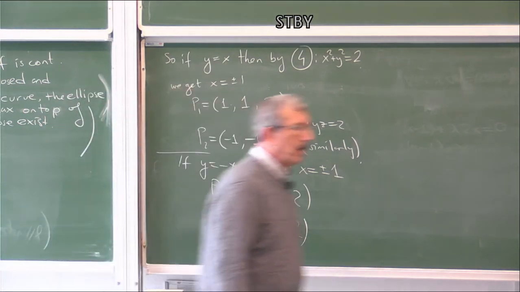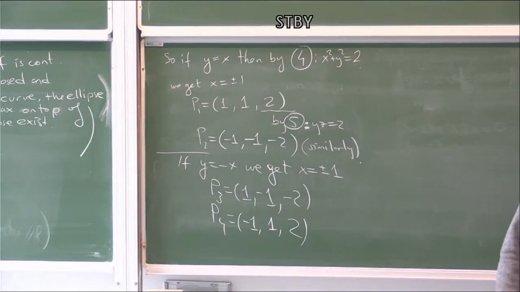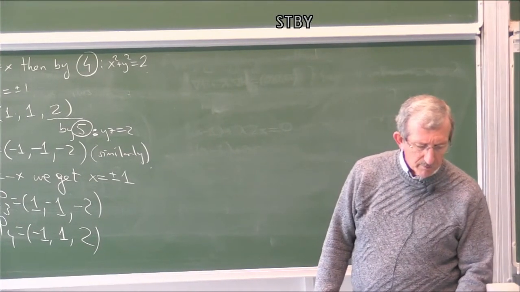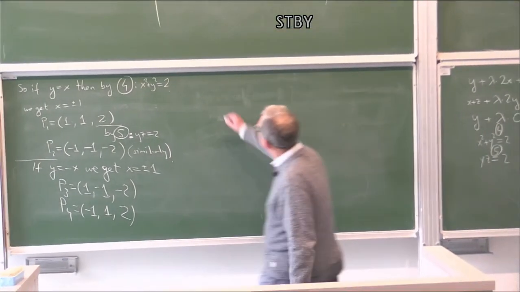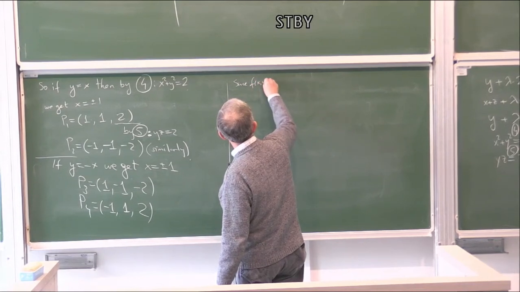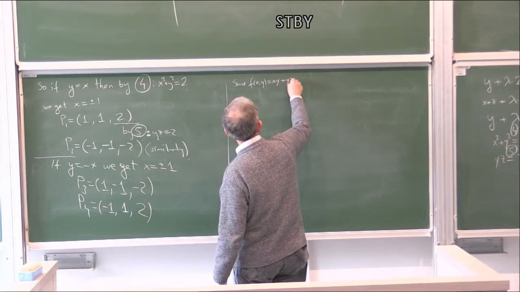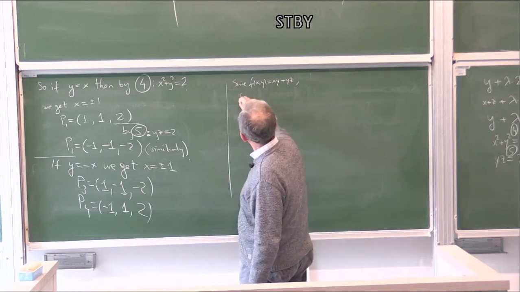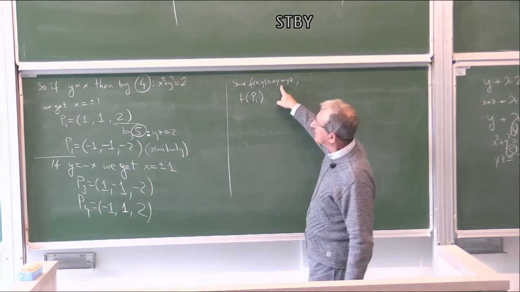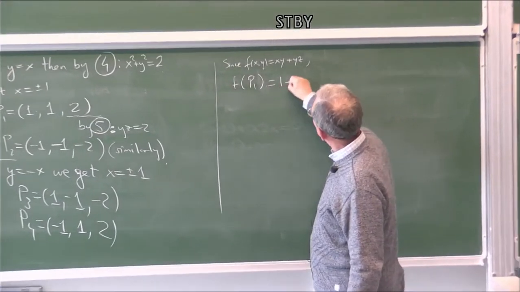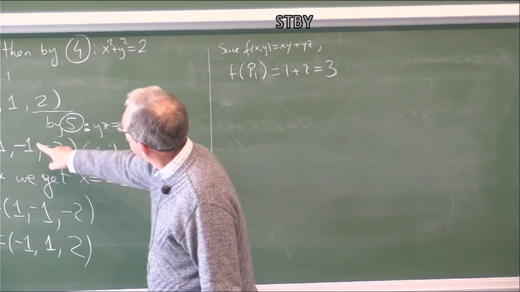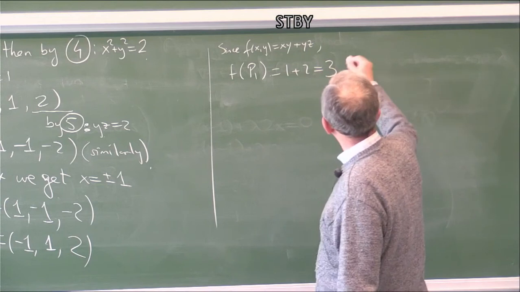Now, what do these tell us? Well, our function was xy plus yz. We get f of p1. Well, x and y are minus 1s, y is negative, so it's 1 plus 2, it's 3. But this is the same for p2.